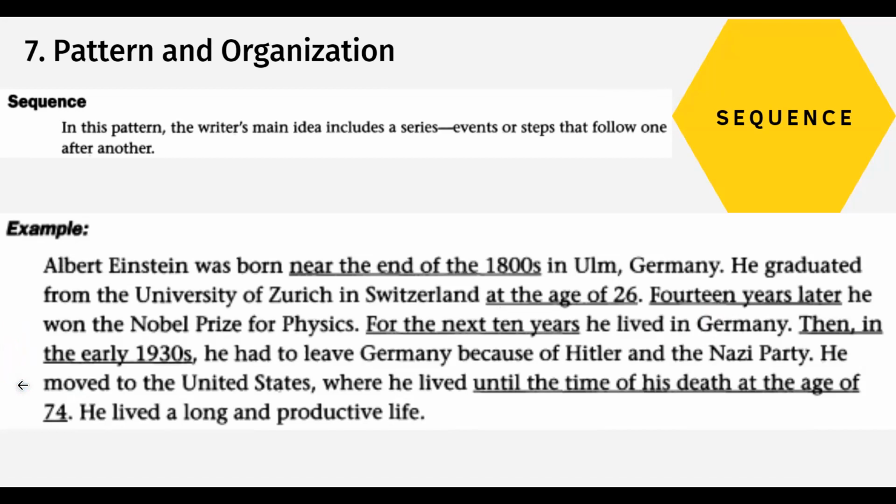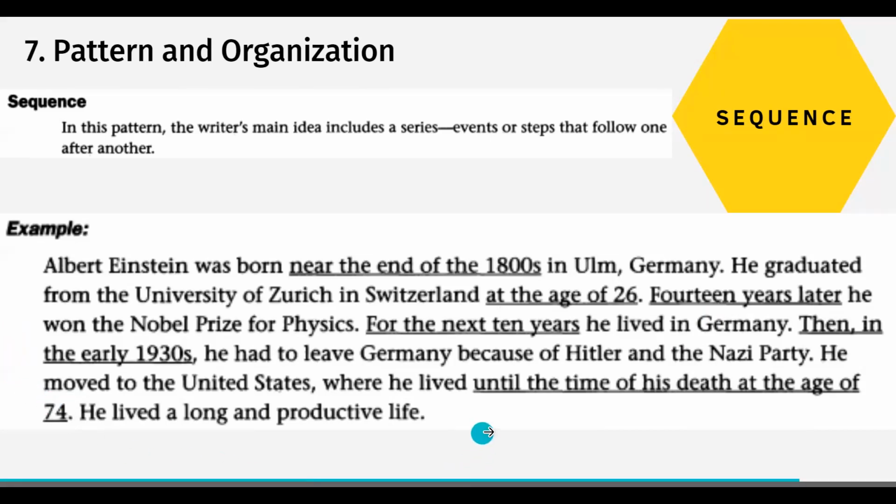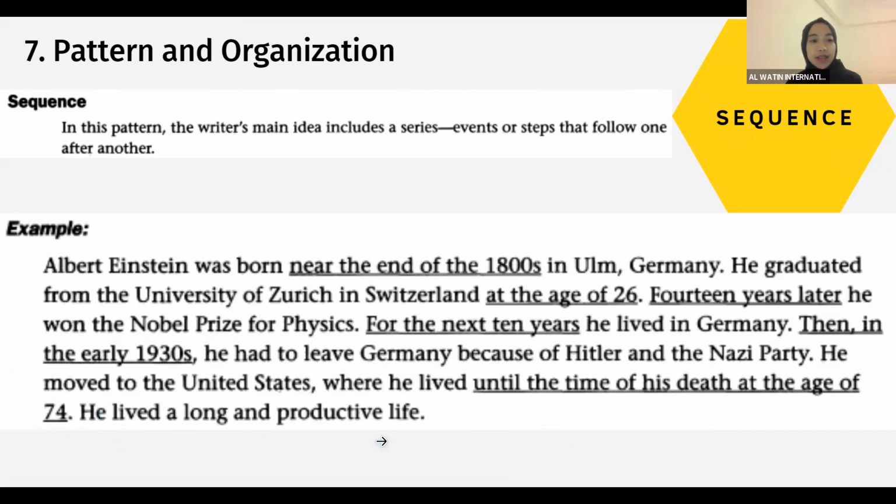He moved to the United States, where he lived until the time of his death at the age of 74. He lived a long and productive life. Okay, yes, great.